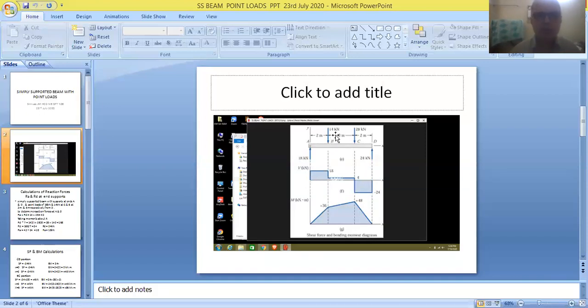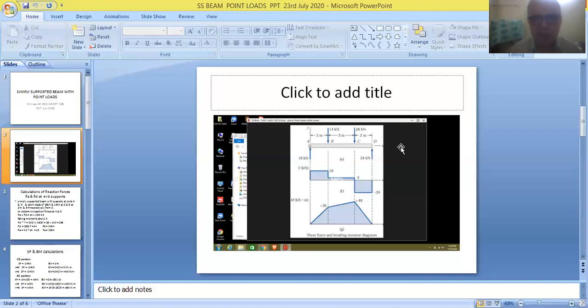The first load of 14 kilonewtons acts at a distance of 2 meters from the left end, and the second point load of 28 kilonewtons acts at a distance of 2 meters from the right end of the beam. Finally, the distance between these two loads is also given in the problem, as 3 meters.